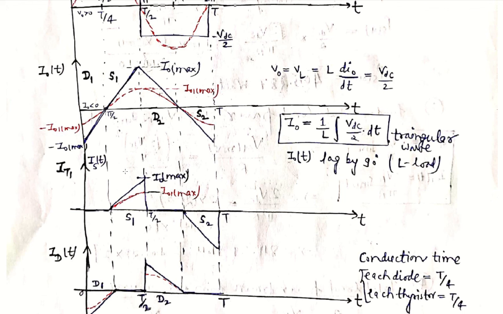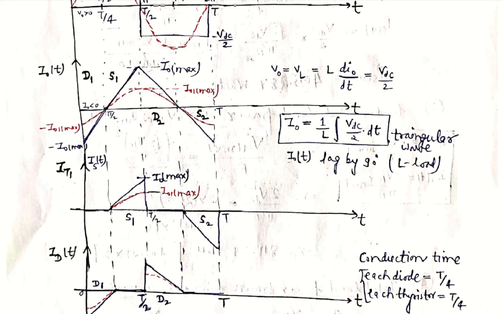The output current waveform is just the same as the thyristor current waveform. So we will draw this section of waveform from T by 4 to T by 2 similar to this, and from T by 2 to 3T by 4 the current is again 0 because diode D2 is conducting, and after 3T by 4 to T, thyristor T2 or switch S2 conducts.